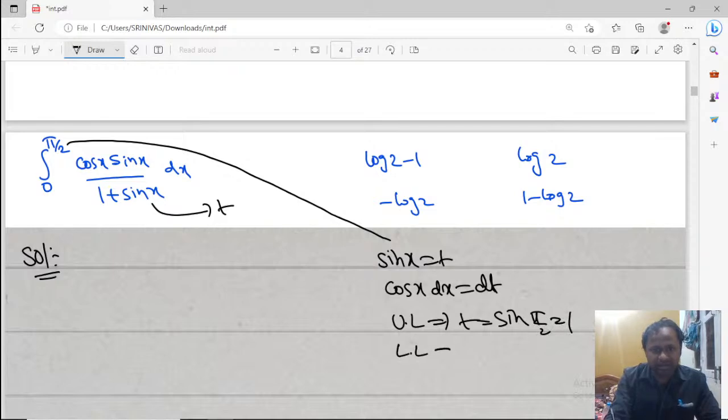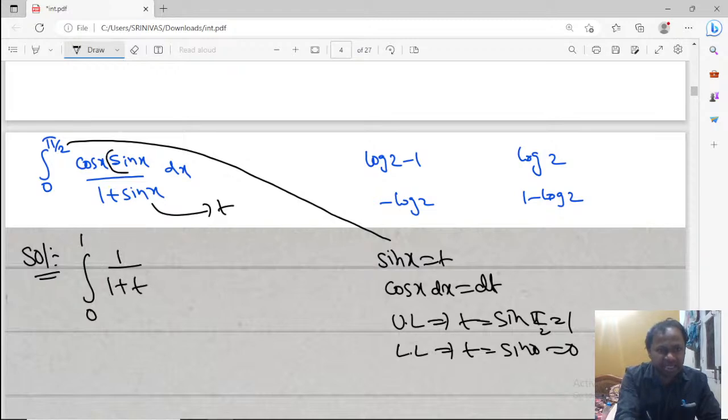Lower limit, t is equal to sin 0 is equal to 0. Substitute all values 0 to 1. 1 divided by 1 plus t. Here sin x value also t. Okay. Cos x dx is equal to dt.